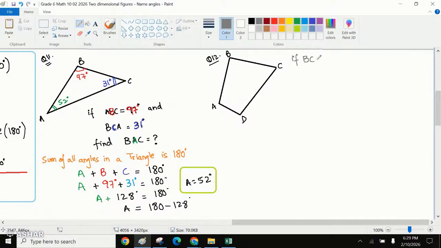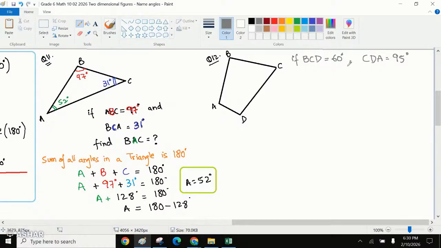BCD is 60 degrees. If BCD is 60, CDA is 95.